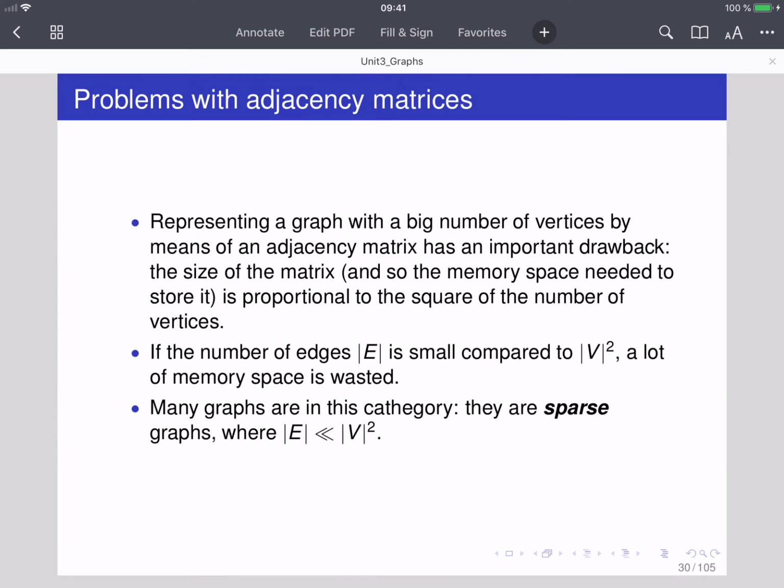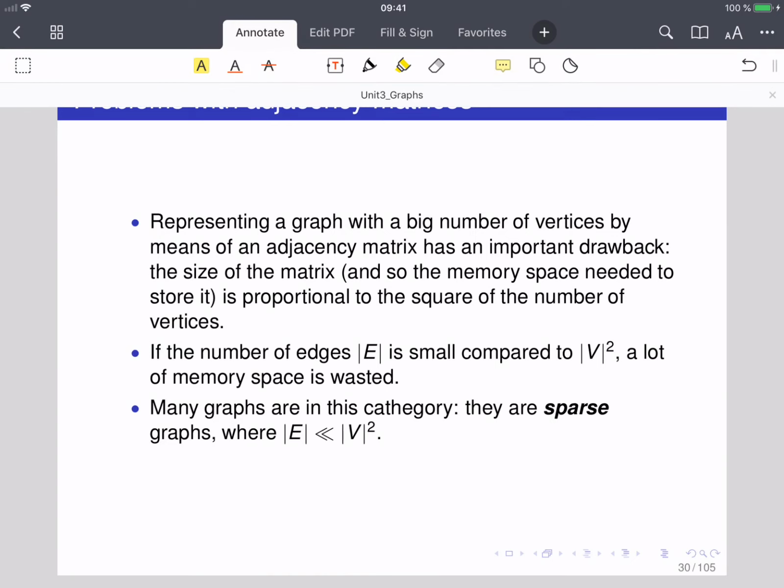What I'm trying to say is that in a graph there is in general no connection between all the possible pairs of vertices. So in practical situations we many times deal with what we call sparse graphs, where the number of edges is much, much less than the square of the number of vertices.